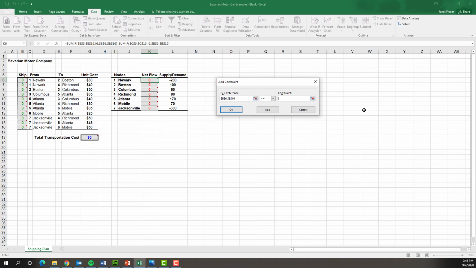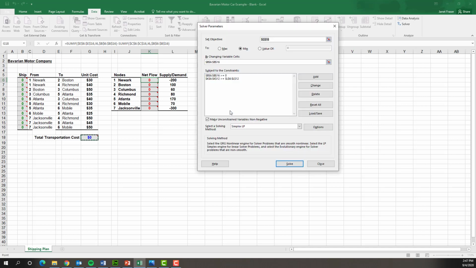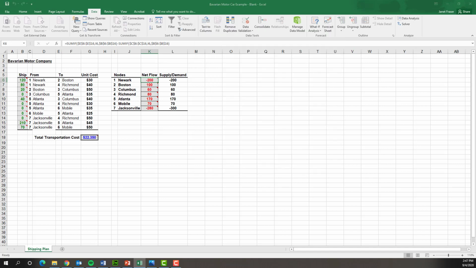And to do that, we can't have any negative number of vehicles shipped between our nodes. So I'm going to enter 0 there. Yes, for constraints, we can do a hard constraint to a specific number, or we can refer to a specific cell. So I will click OK. And now we have our problem set up in Solver. So I'm going to click Solve.